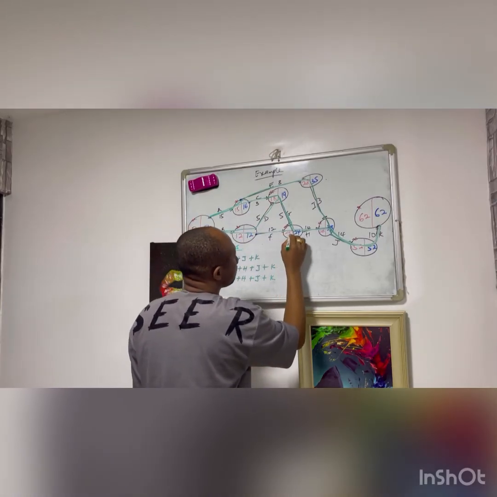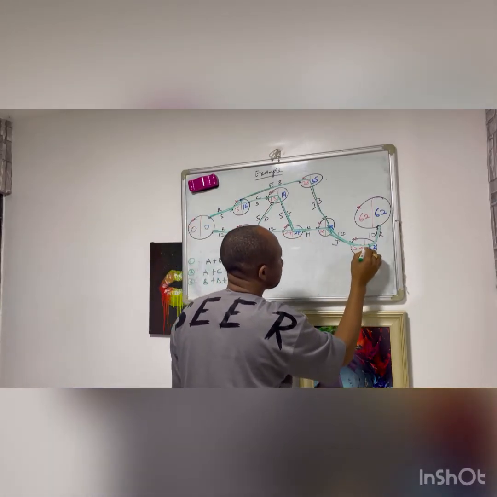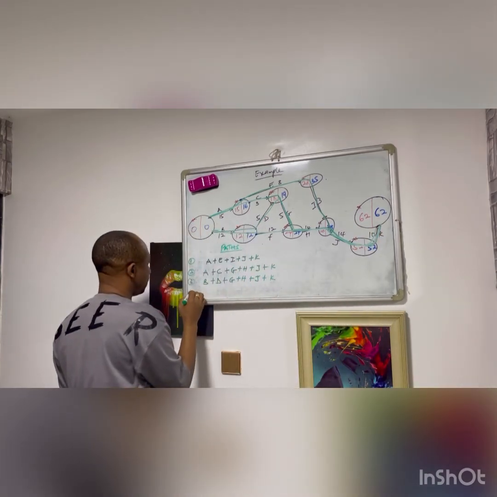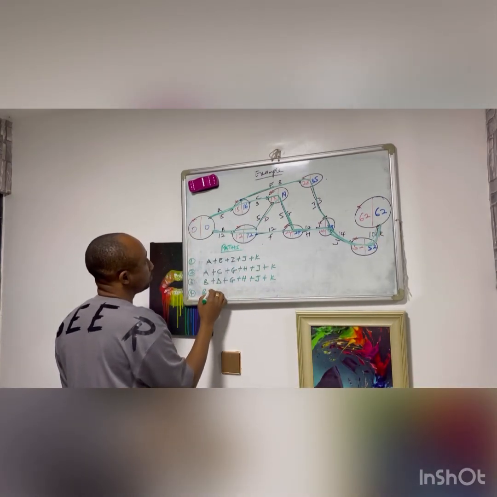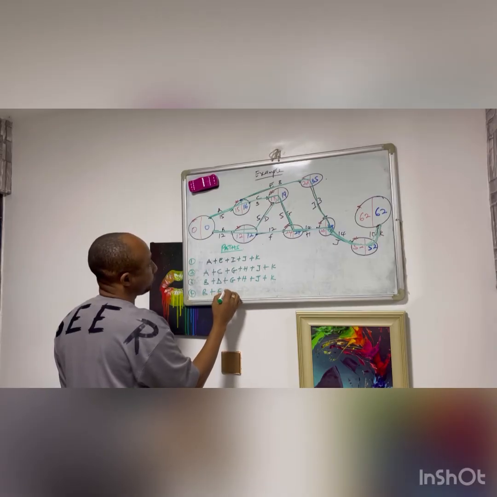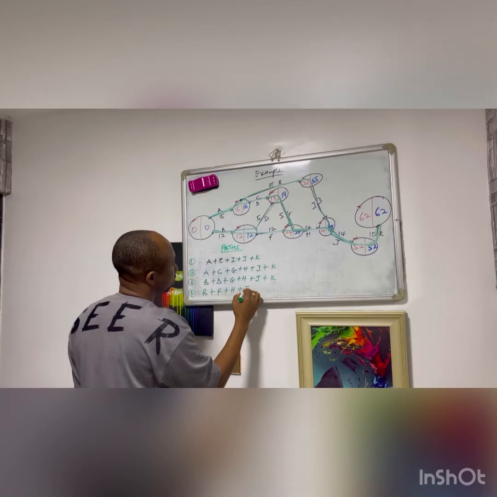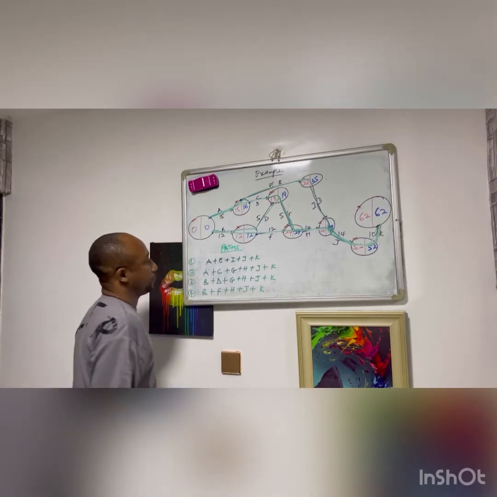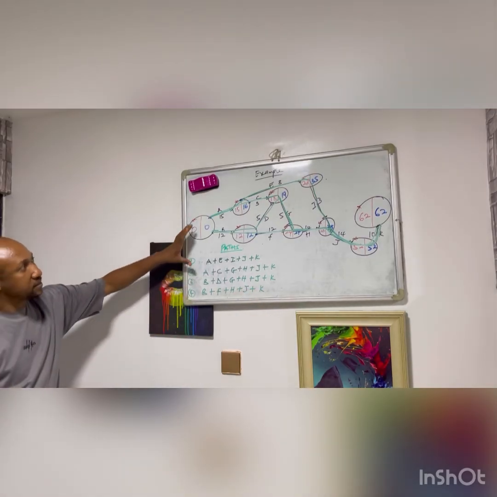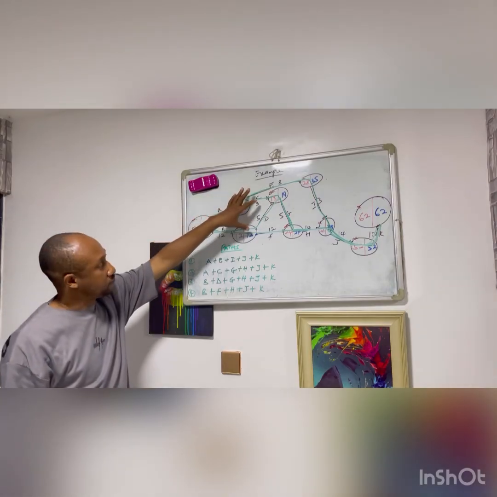This way, this way, this, and this. So we have part 4 to be B plus F plus H plus J plus K. These are the 4 parts that are involved in this model.